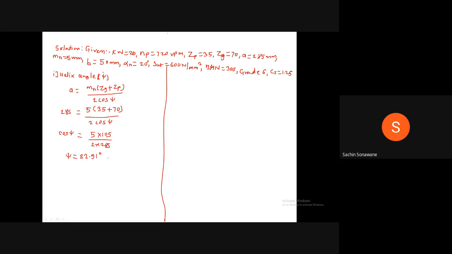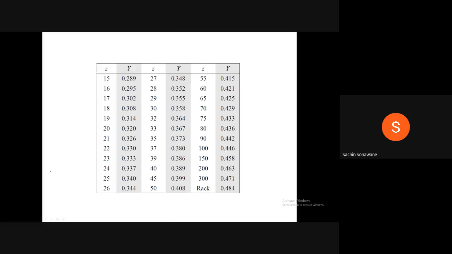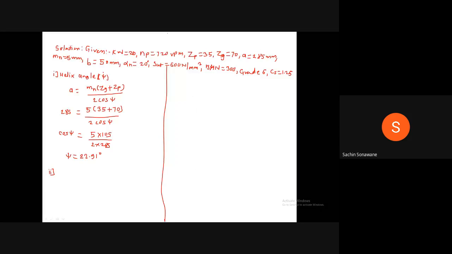Therefore, this is your first answer. Now, what second they have asked? Second value, beam strength. Therefore, write down here beam strength.